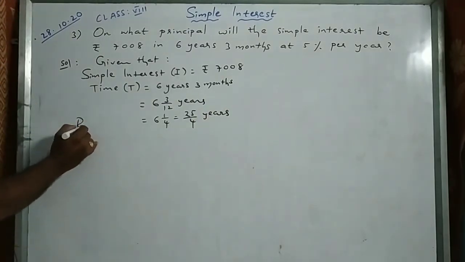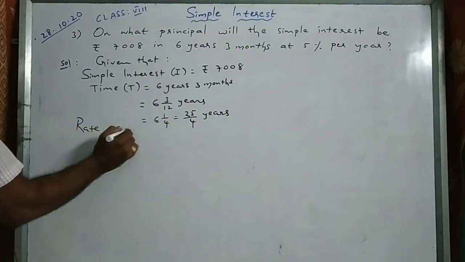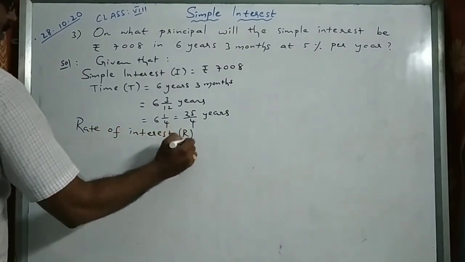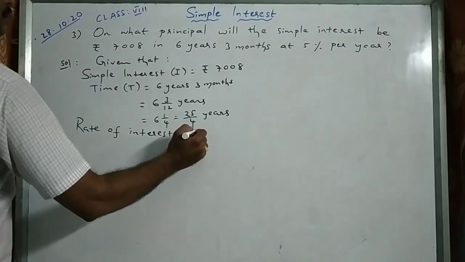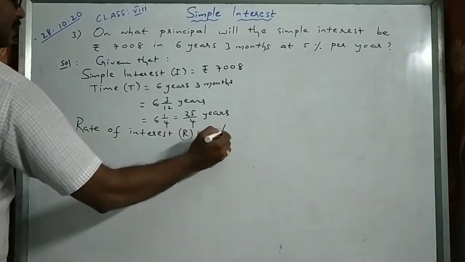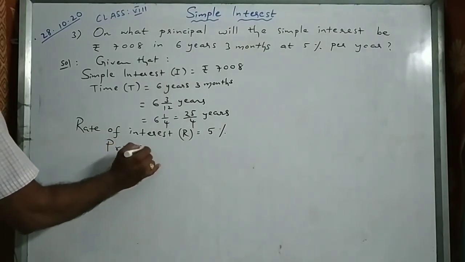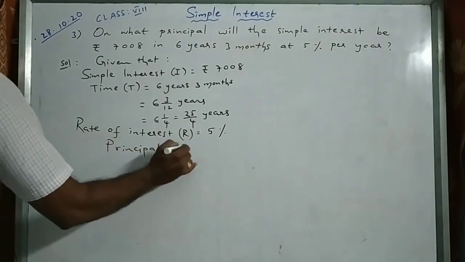The rate of interest is also given. The rate of interest R equal to 5%. Principal amount we should find. Principal amount P equal to question mark.